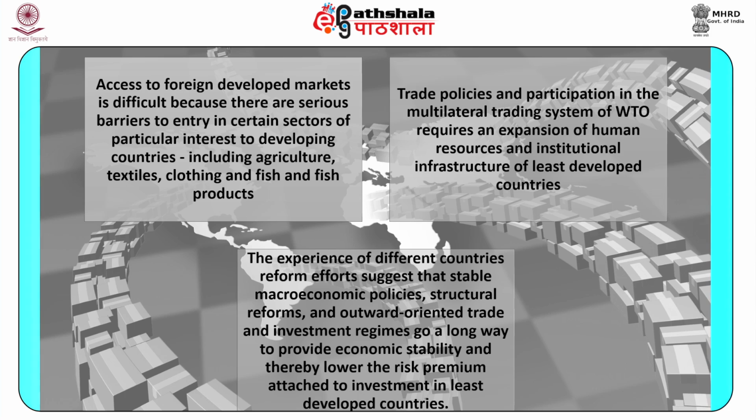Similarly, 10 developing countries received nearly 80% of the FDI going to developing countries. Due to their typically smaller size and less diversified economic structure, many developing countries are more strongly affected and more vulnerable to changes in the international environment than the industrial countries.